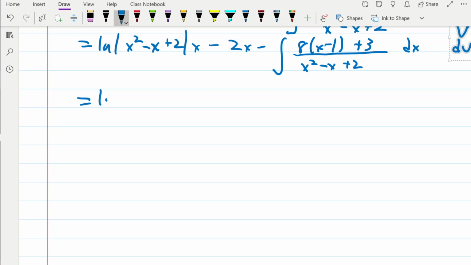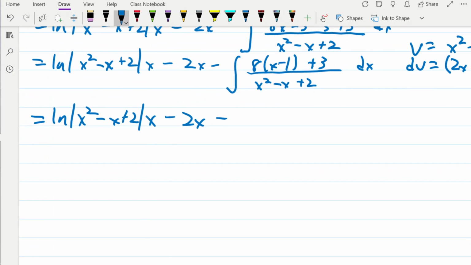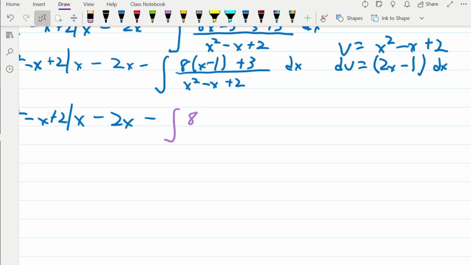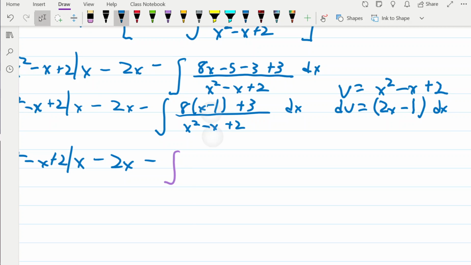So now this equals ln x squared minus x plus 2 times x minus 2x minus. So when we do the u sub, it's going to be minus, well, here I'll write it out. So this will become the integral of 8 times, actually that should be, I did not add correctly above.